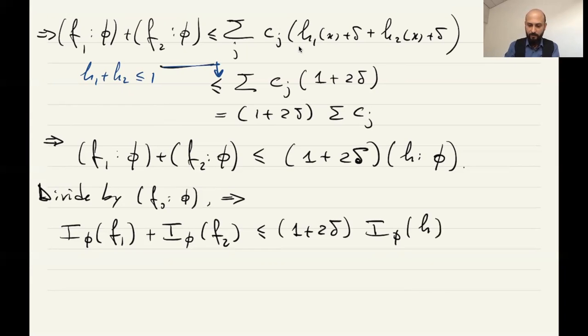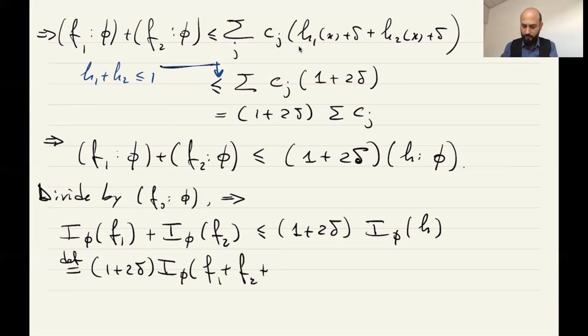Now, by definition of h, this is 1 plus 2 delta times I_phi of (f1 plus f2 plus delta psi). And now let's use that I is subadditive. So here we have subadditive.